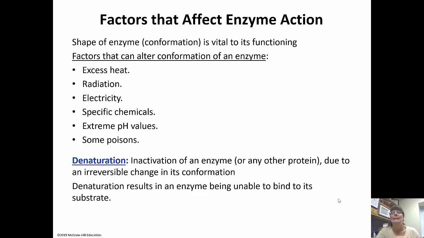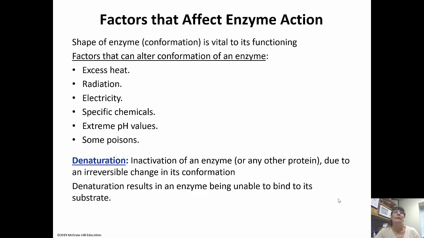So excessive heat can alter the conformation of an enzyme. Radiation, electricity, some chemicals, if the pH is out of the enzyme's range, and some poisons. What will happen is it will cause the enzyme to denature. And denaturation is the inactivation of an enzyme because of an irreversible change in its shape.